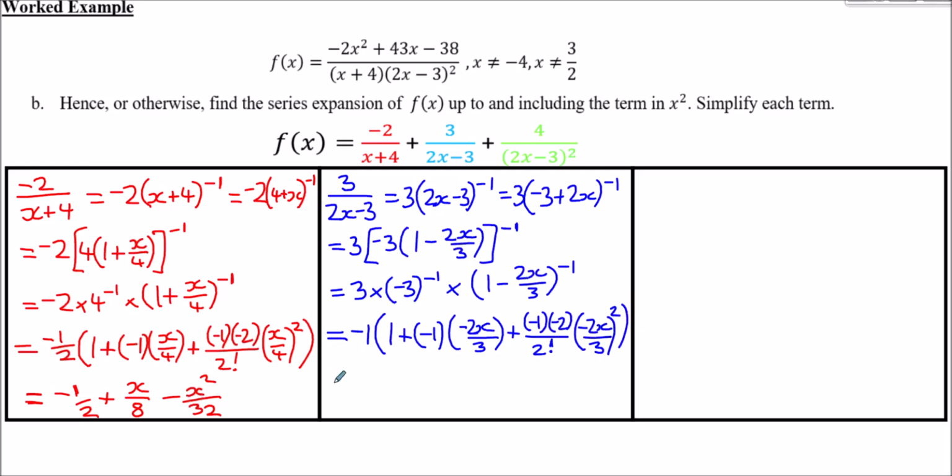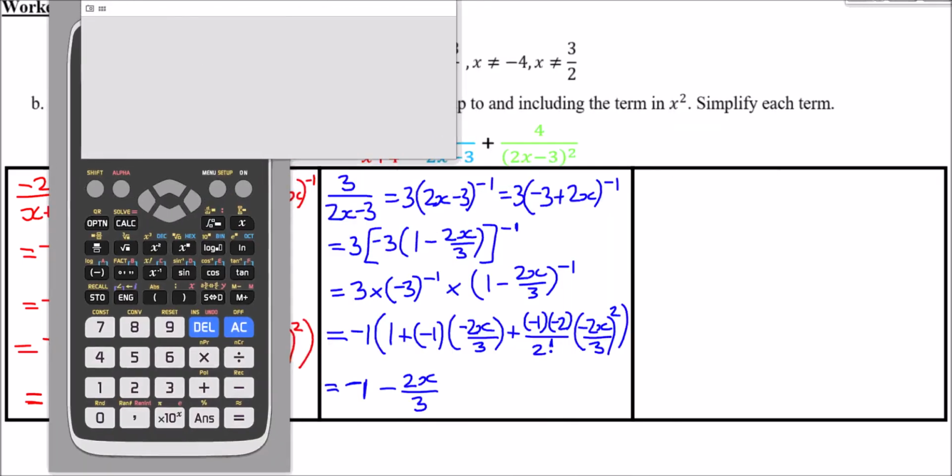So again, expand out and neaten up. So minus 1 times 1 gives us minus 1. Minus 1 times minus 2/3 gives us positive 2/3. Positive 2/3 times minus 1 again gets us back to minus 2x over 3. And this one here, that's a calculator job, methinks.